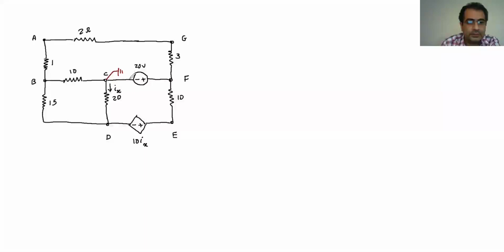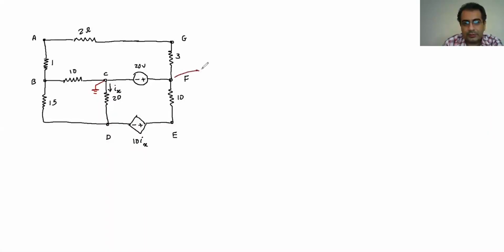So assume this is going to be my reference node. I make this reference node. So it means that the voltage at that is going to be 0 with respect to the voltage at all the other nodes. By doing that, I set one end of the battery to 0. The voltage at the other end of the battery is going to be equal to the battery because it's connected to the positive side.